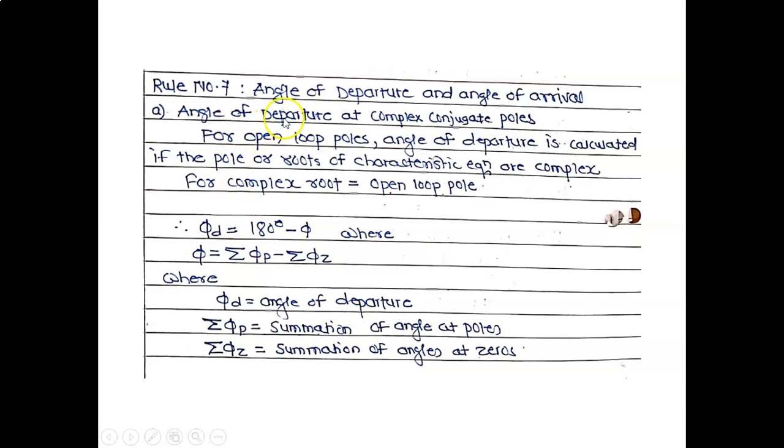Now rule number 7, angle of departure and angle of arrival. First, angle of departure at complex conjugate poles. For open loop poles, the angle of departure is calculated if the roots of the characteristic equation are complex. For a complex root which is an open loop pole, phi d is equal to 180 degrees minus phi, where phi is equal to summation of phi p minus summation of phi z, where phi d is the angle of departure, summation of phi p is the summation of angles of poles, and summation of phi z is the summation of angles of zeros.